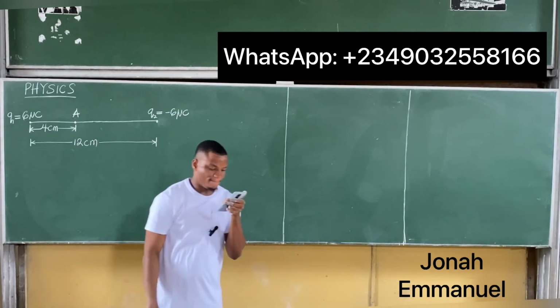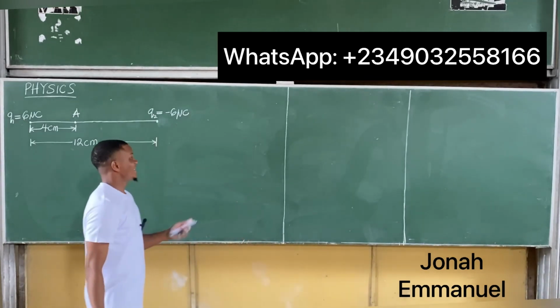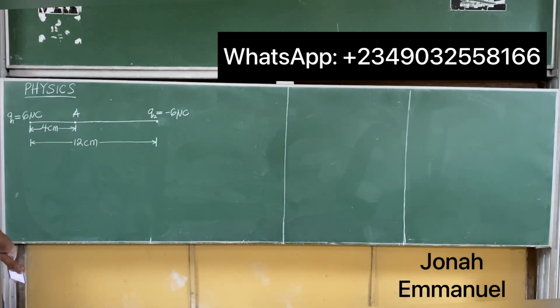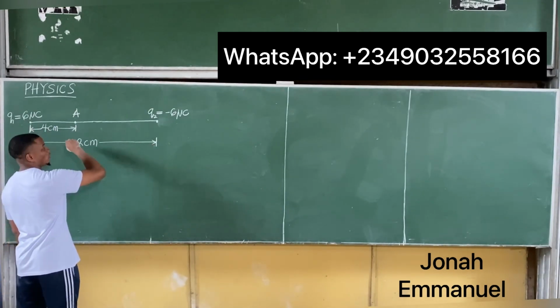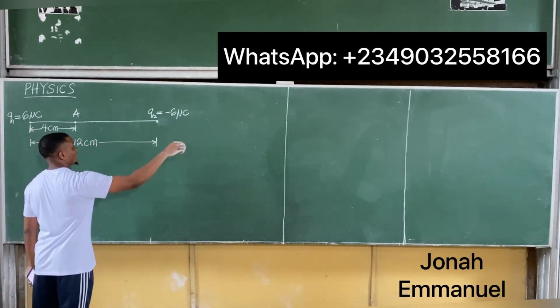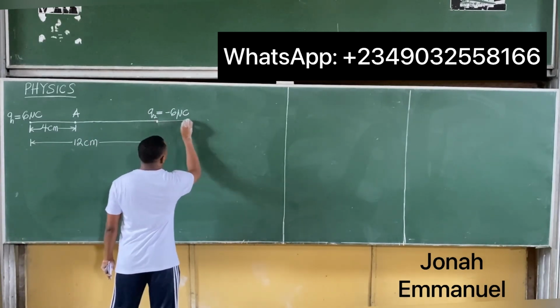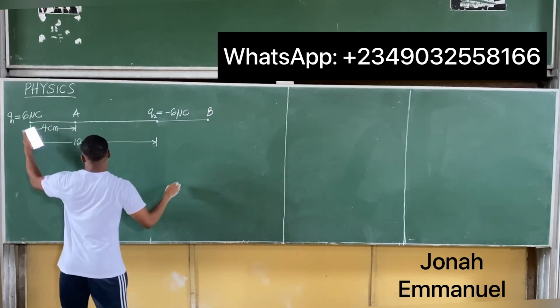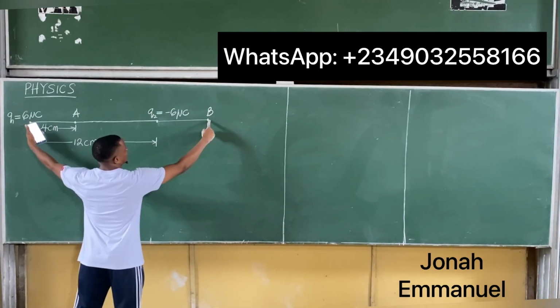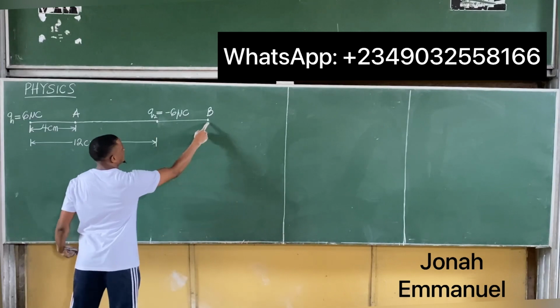What's again there? At point B, 16 cm. If I have point B 16 cm from point Q1, what do you think? From here to here is 12. They said 16 from Q1. That means I still have to go this way again. So from here to right here, call this B. If from here to here is 16, the distance from here to here will be how many?